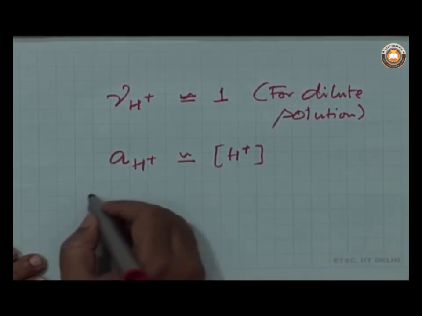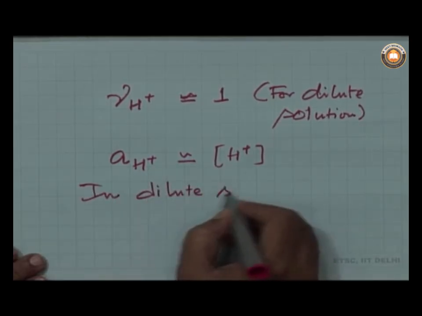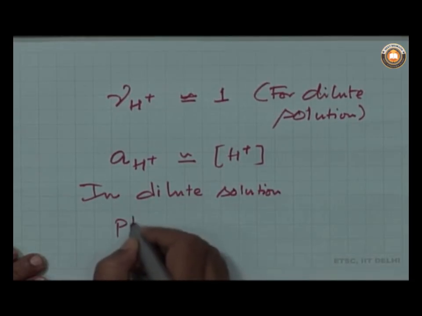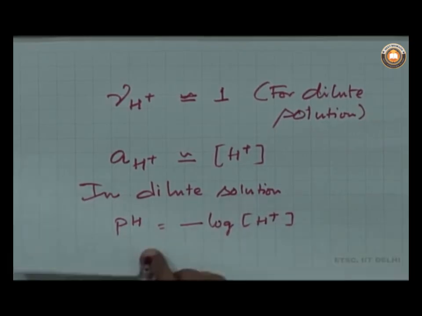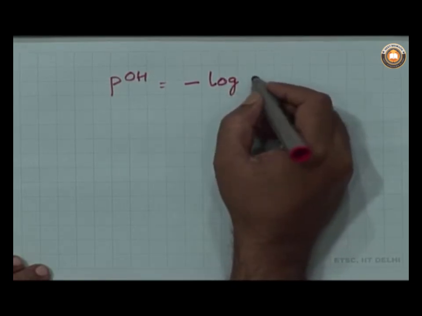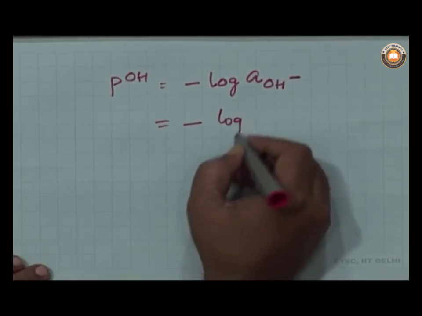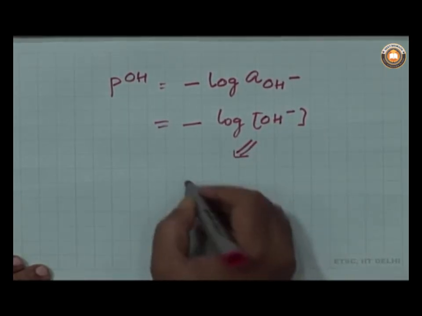And so, in dilute solution, pH is equal to minus log H plus ion. And similarly, we can define pOH, and that is simply minus log activity of OH minus ion, and again in dilute solution this is equal to minus log of OH minus ion concentration.